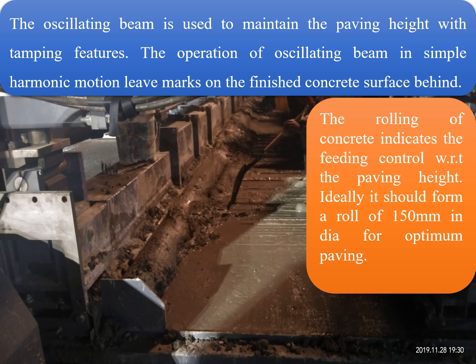As the diameter of the roll increases, you need to decrease the paving speed so that ultimately you will have a formation of a 100 to 150 millimeter ring of concrete roll just in front of the oscillating beams.